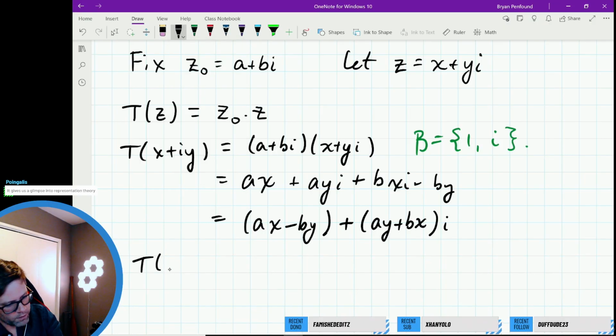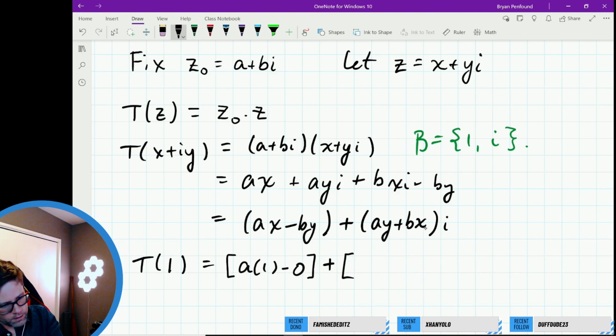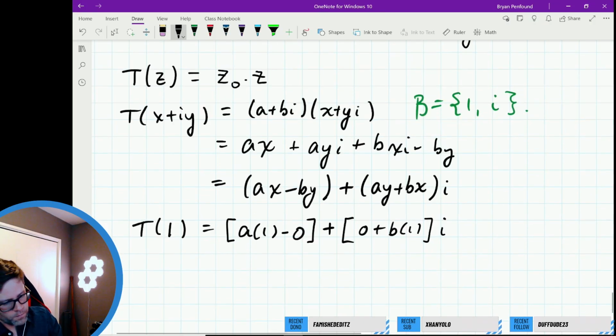Okay, so T of 1. That would give me a times 1 minus 0, plus, y is 0, so it's going to give me plus b. Okay, so T of 1 is really a plus bi.